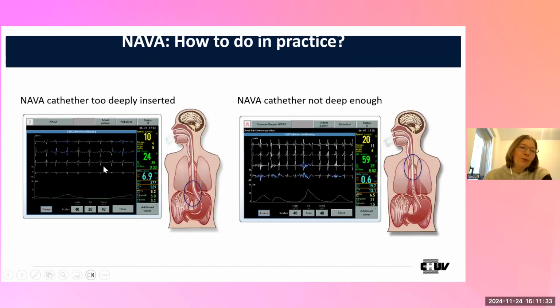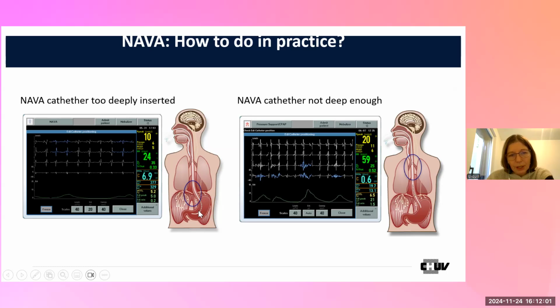And if you don't have the electrical activity of the diaphragm in the middle lines, as it's the case in those two examples, this means that the nasogastric tube is not properly inserted and that the electrodes are not placed at the right place in the diaphragmatic area. And here you can see that the electrodes are too deeply inserted.